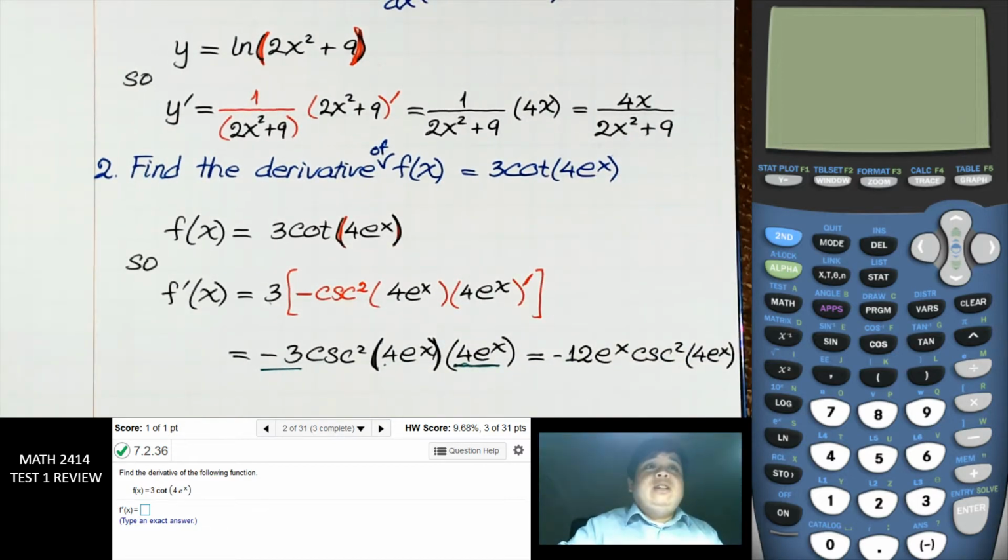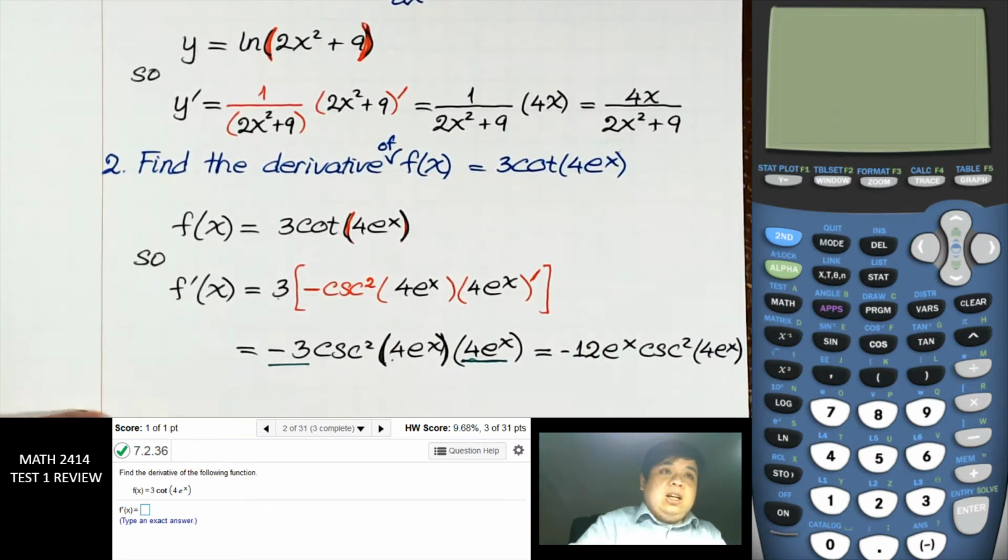Having said that, we can just enter this in the answer. So we have negative 3 cosecant squared 4e to the x, and then times 4.